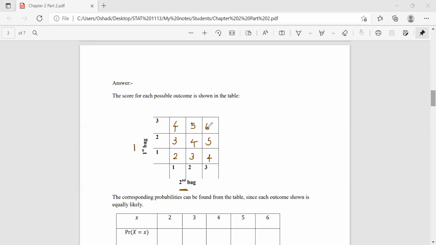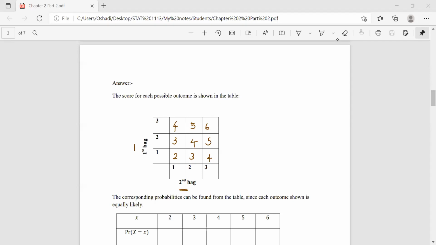Right? So now we can write the probability distribution. There are 5 x values we can choose: 2, 3, 4, 5, and 6.